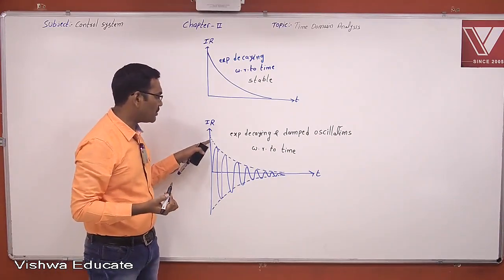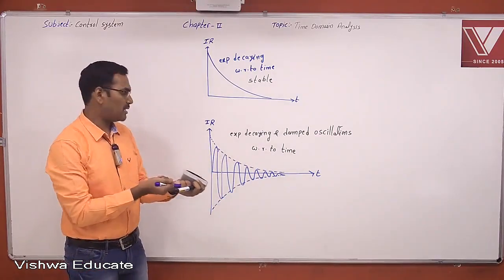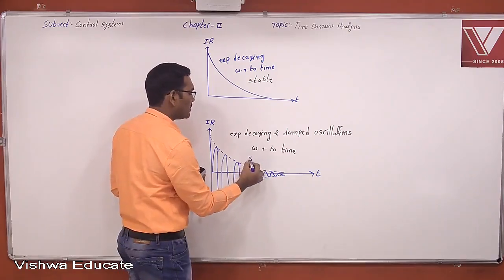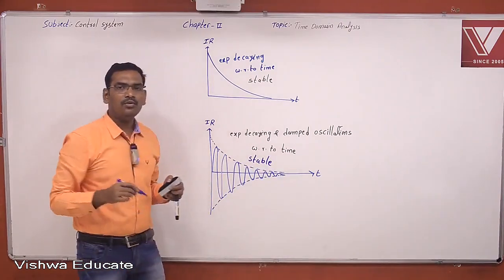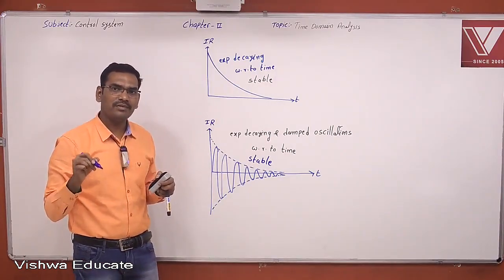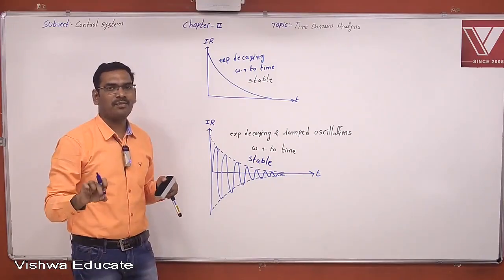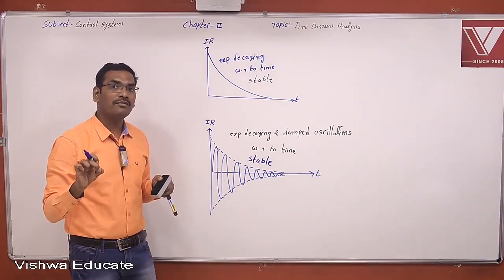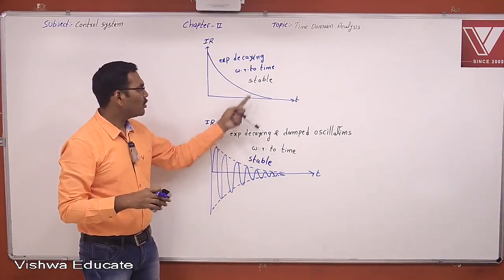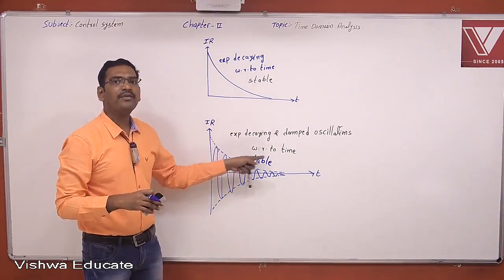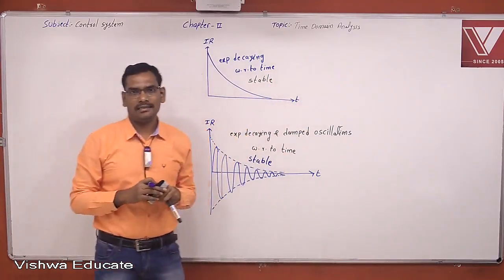Sir, this is also the same: exponentially decaying means e power negative real part, which means the system is stable. So what you are doing is drawing the response of the system with respect to time, called the time response. After completion of the time response, measuring its performance with respect to time is called time domain analysis. Understand or not?